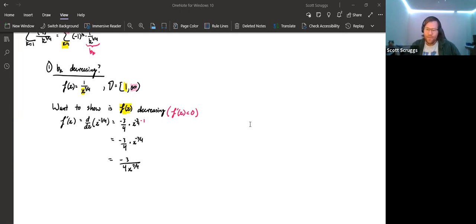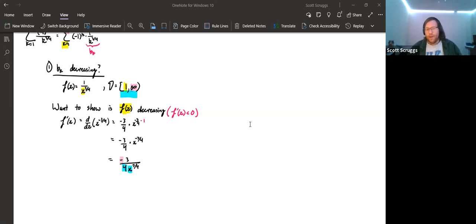Now, keep in mind that all of my values for x are positive numbers. That means no matter what I plug in for x, it will always be positive. The denominator has the coefficient of 4, so the denominator will always be positive.